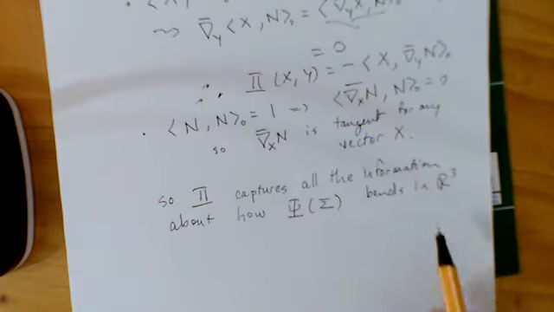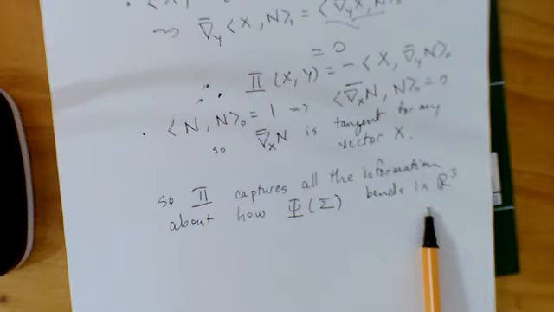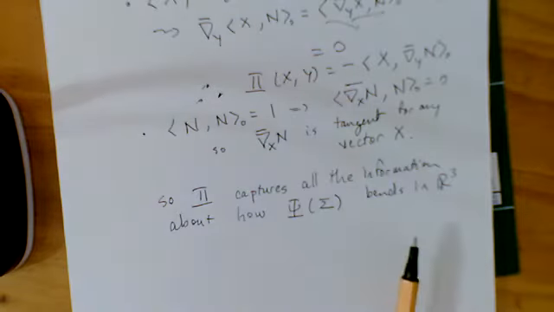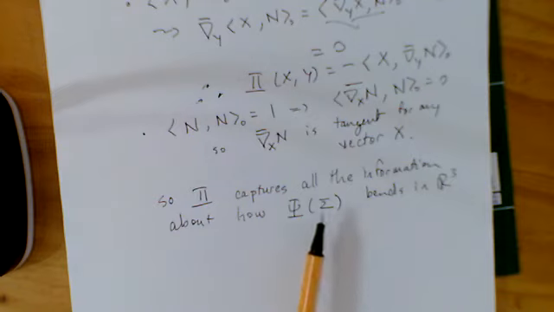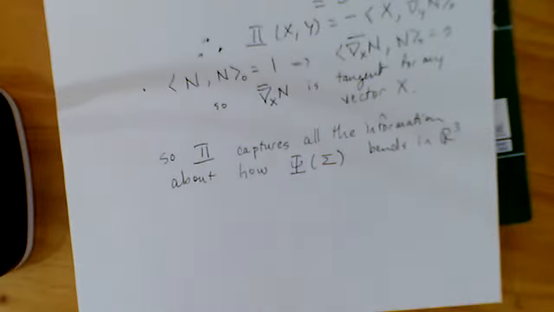And actually, this part generalizes to immersed submanifolds in Euclidean space. It tells you the exact same thing. The only thing that's a little bit more, you have to keep track of some more tangent directions and possibly some more normal directions as well. But otherwise, the idea is very much the same.